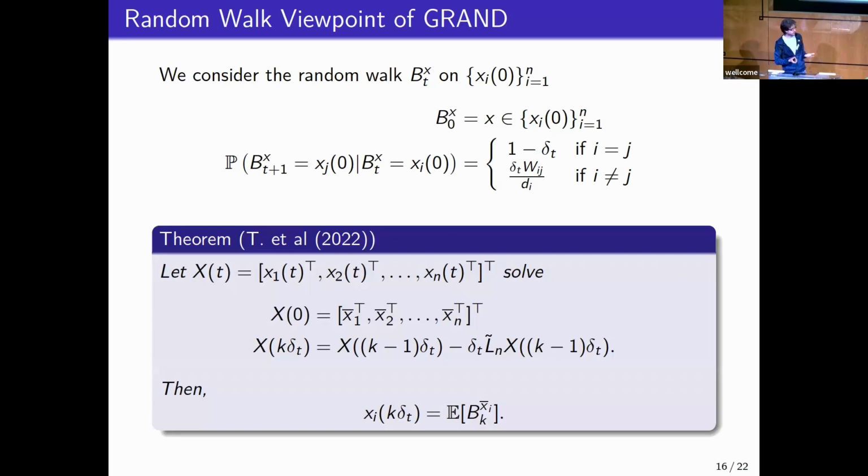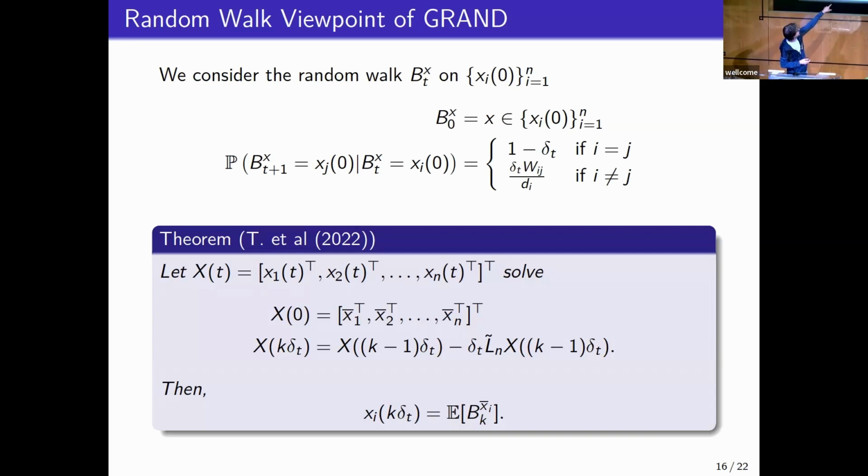It's quite straightforward to show that if we take this random walk and start it off from these x-bars, then this expectation is the expected value of this random walk after k steps, and it essentially solves my discrete heat equation.